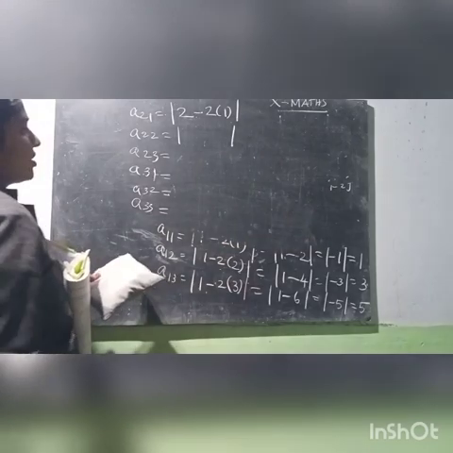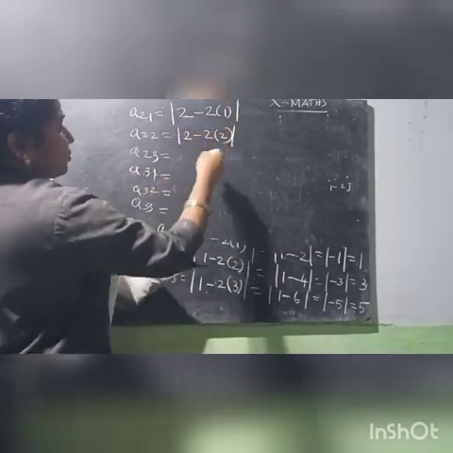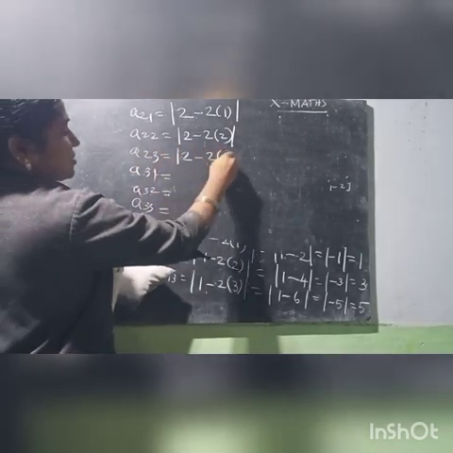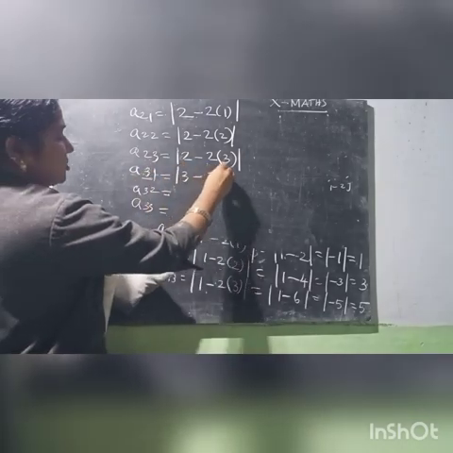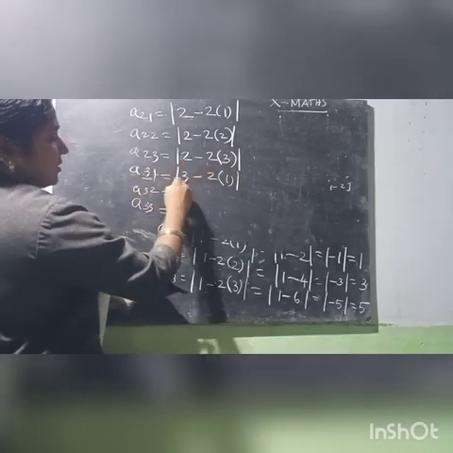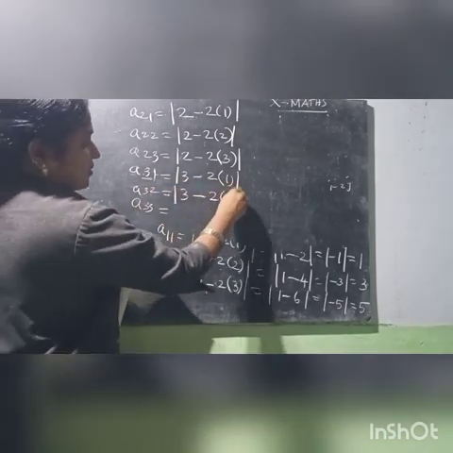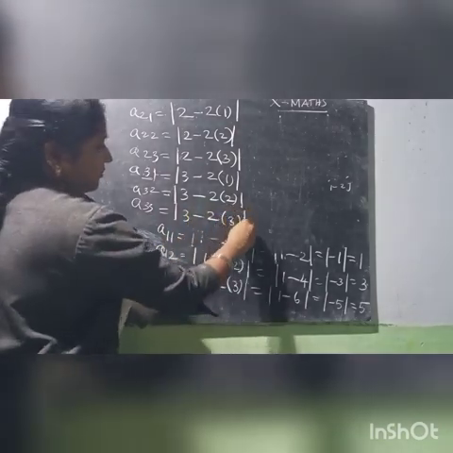So i minus 2j. Now i value is 2 and j value also 2. Then next i value is 2, j value is 3. Then i value is 3 and j value is 1. Now i value is 3 and j value is 2. Now i value is 3, j value also 3.